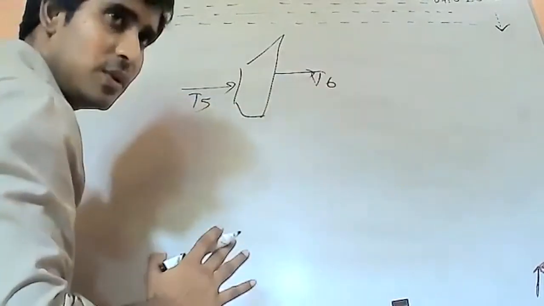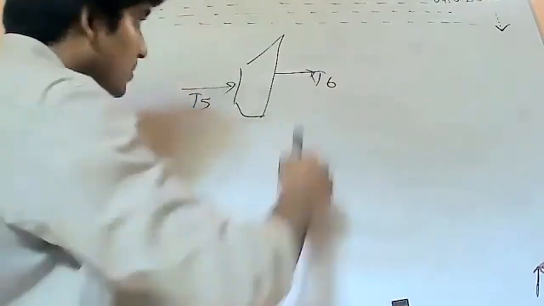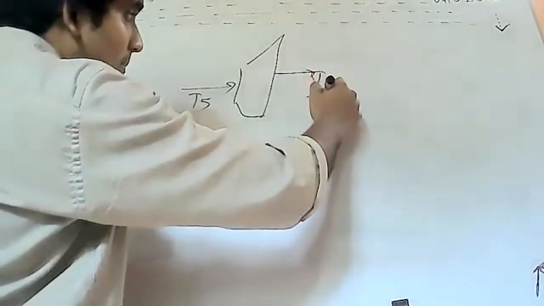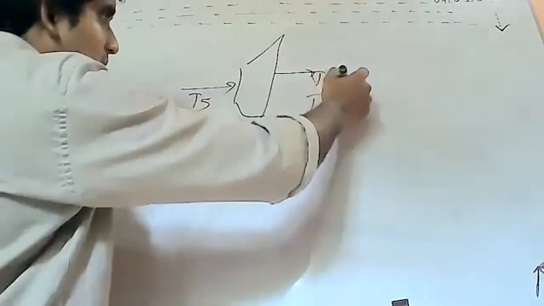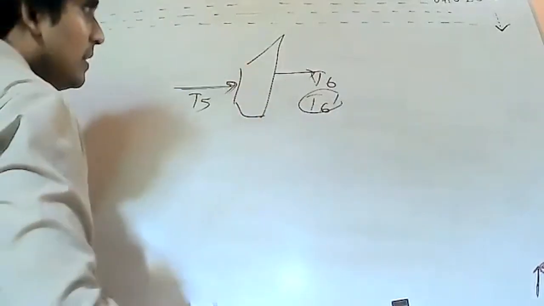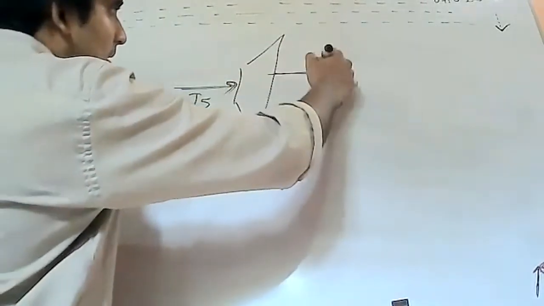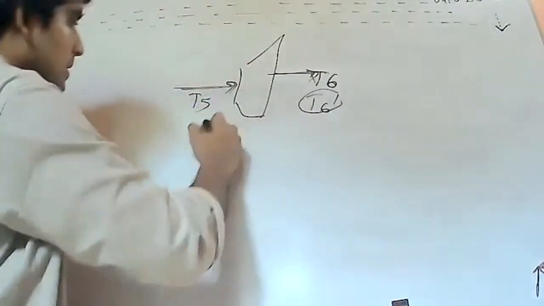T6. But according to the actual scenario, this T6 will become T6 dash. So anyhow, just forget about actual and ideal scenarios. Input is T5, let's say the output is T6. So what is the turbine work?